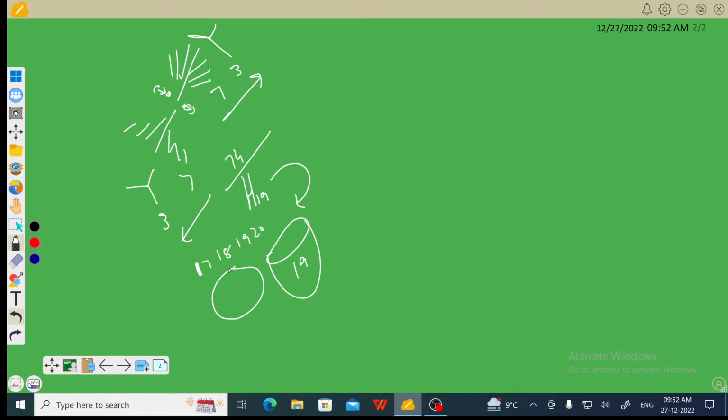So the first pada has 74 sutras, 37 and 37, and together as H19, and this giving us a pair of folds 17, 18, 19 and 20.